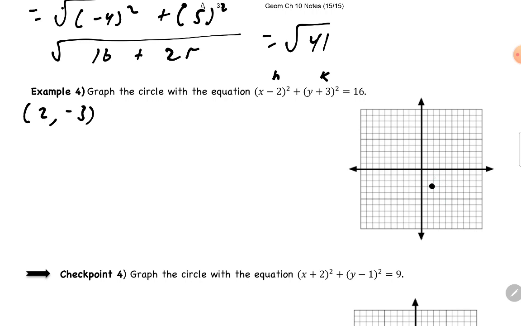Okay, that's my center. And then r. This is my r squared value. So r is the square root of 16, which is 4.